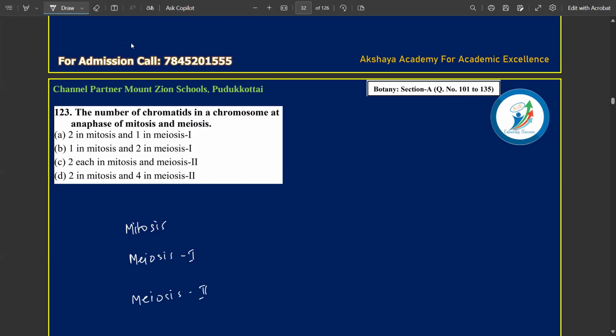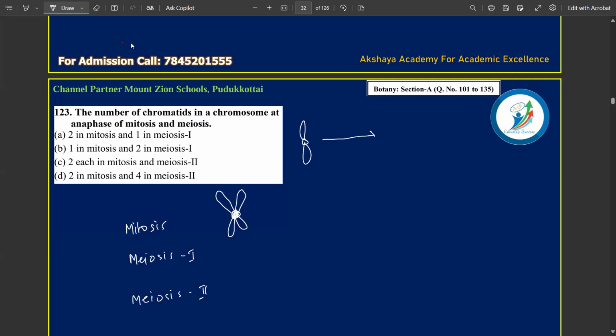See, this is a chromosome. When the process begins after the S phase, you see there are two sister chromatids attached with the centromere, and we call these two together a chromosome. Let me explain more clearly.